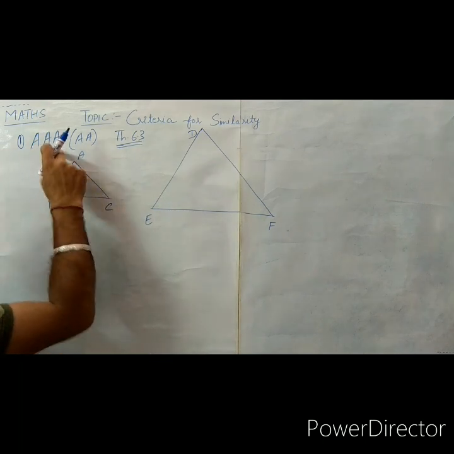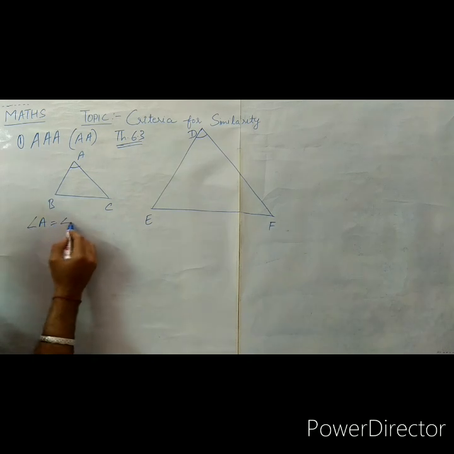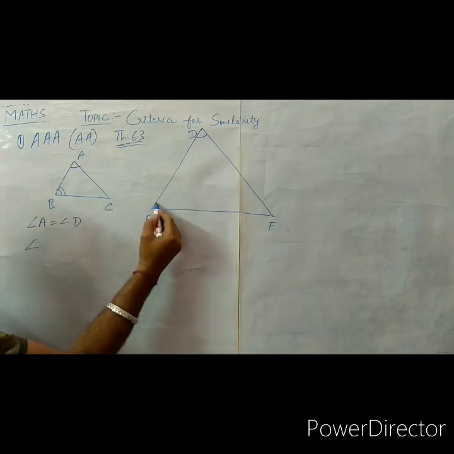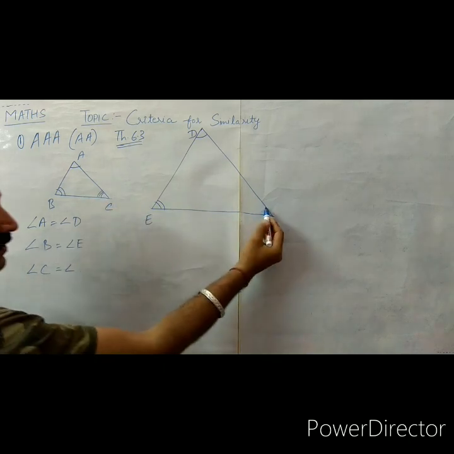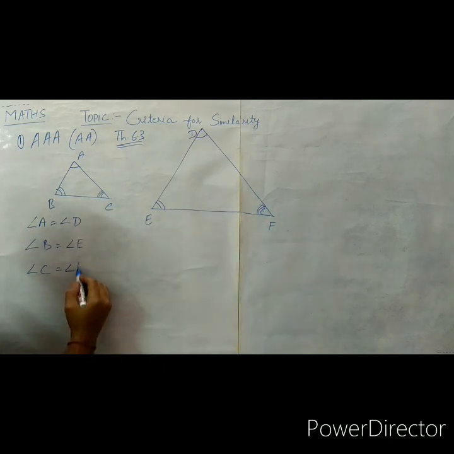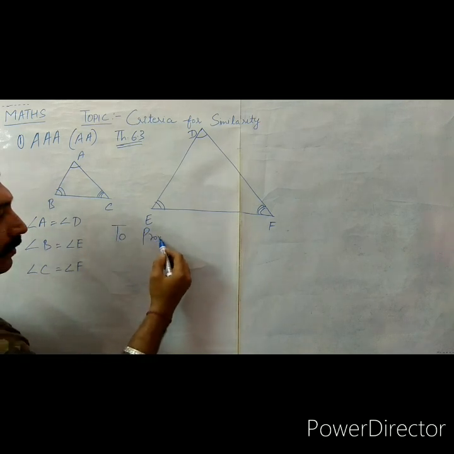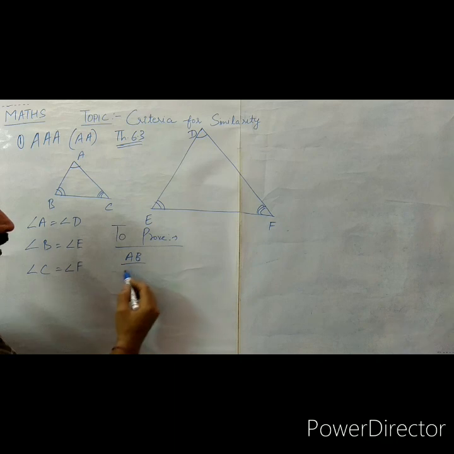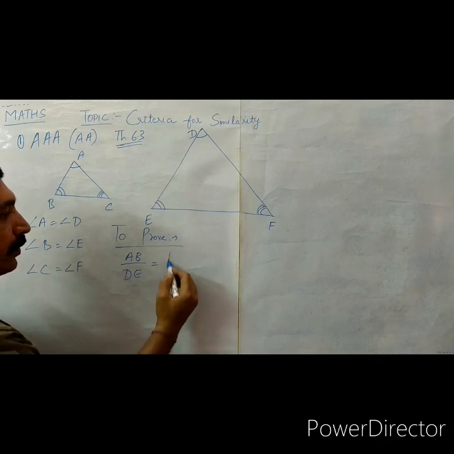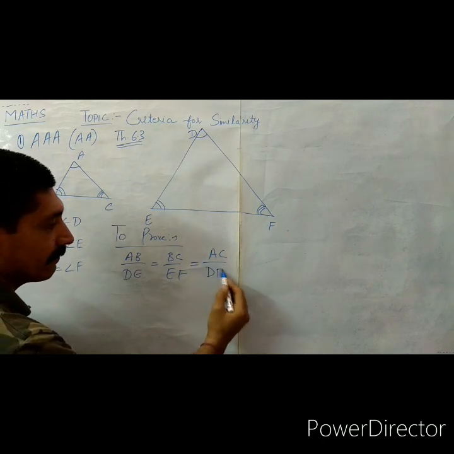So what is given? Angle A is equal to angle D. Angle B is equal to angle E, and the third angle, angle C, is equal to angle F. And to prove that the ratio of AB upon DE is equal to BC upon EF is equal to AC upon DF.